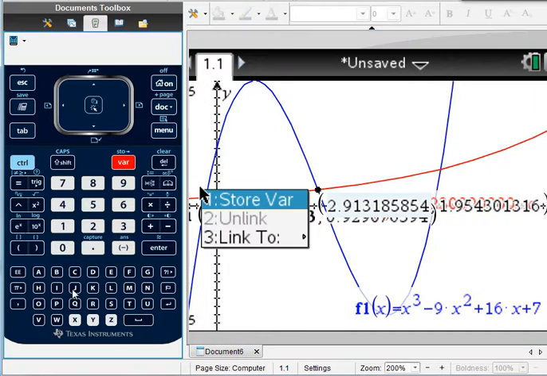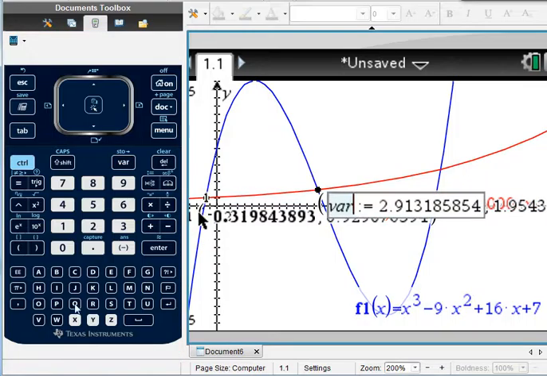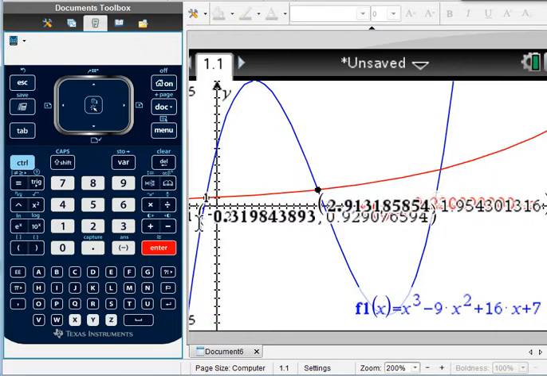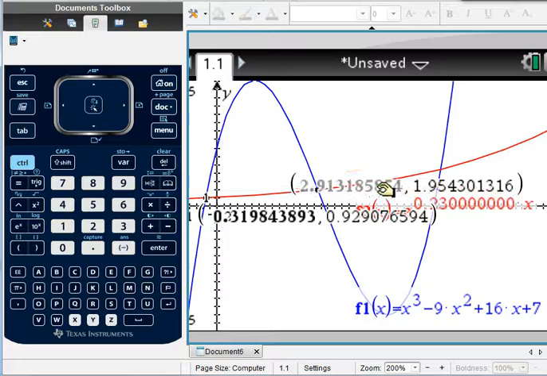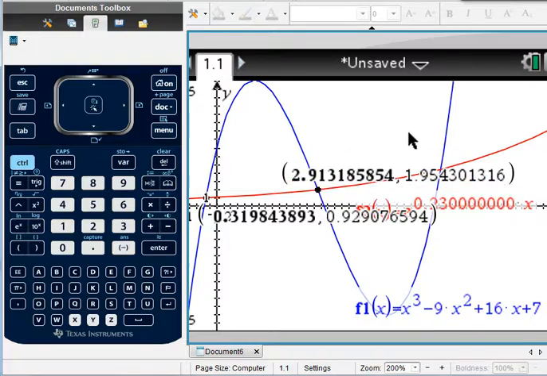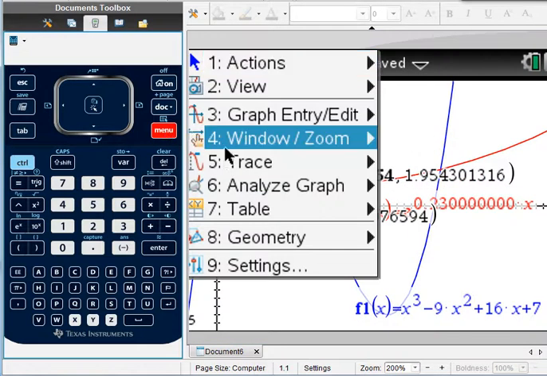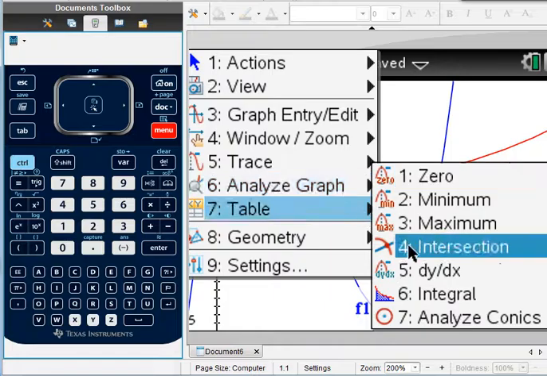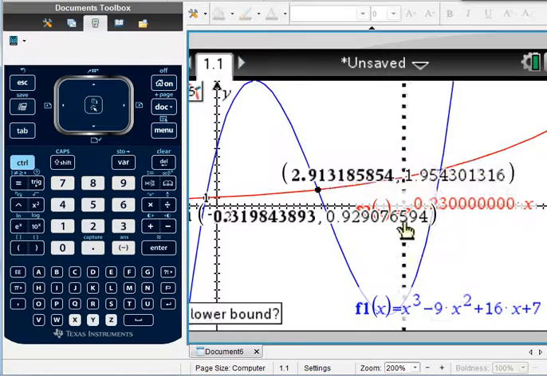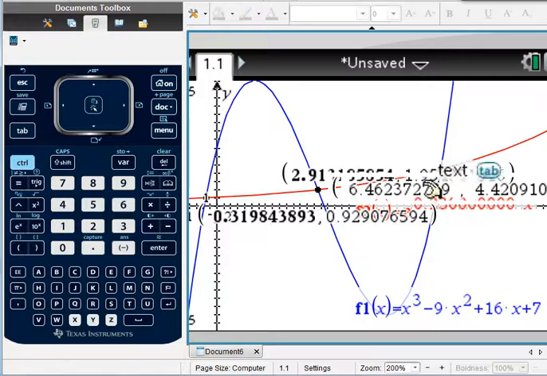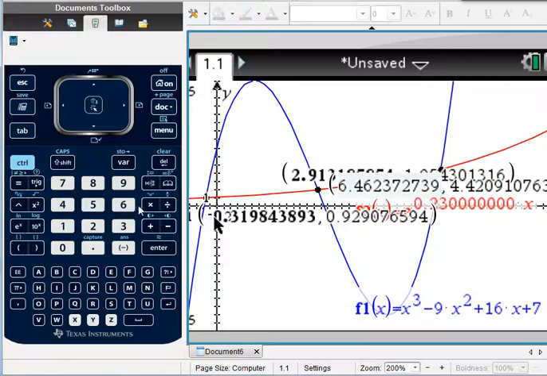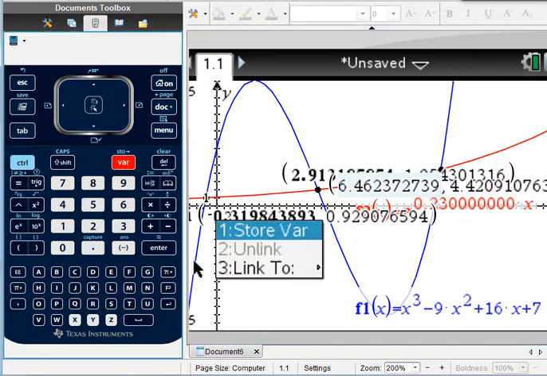Store it as B. The last one. Store as C.